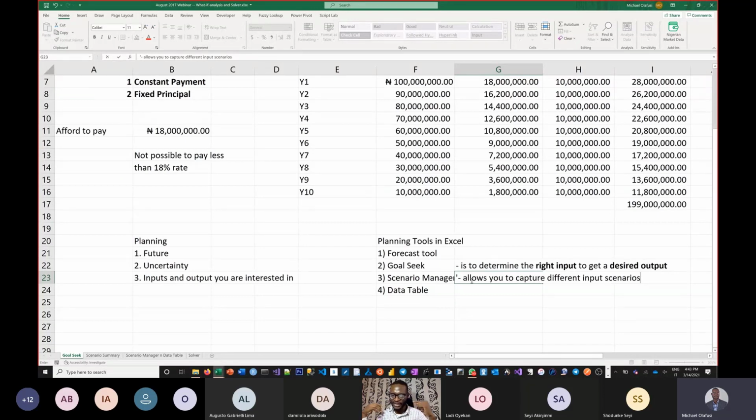It is concerned more about the robustness of your inputs. So instead of using one type of input, I want to be able to put in my planning different scenarios: best case, worst case, base case. That's the idea, to capture different input scenarios.